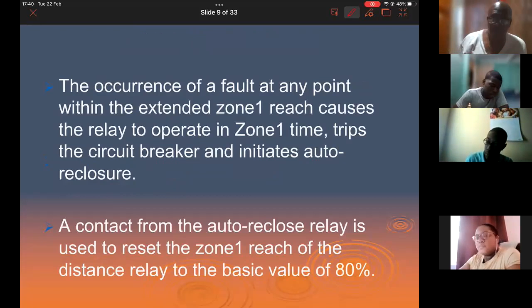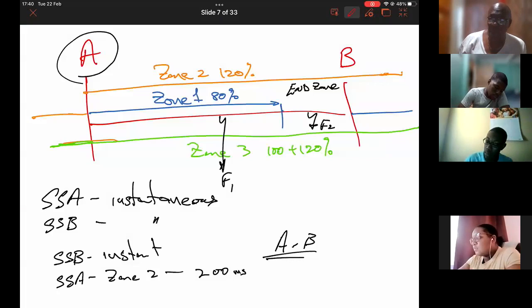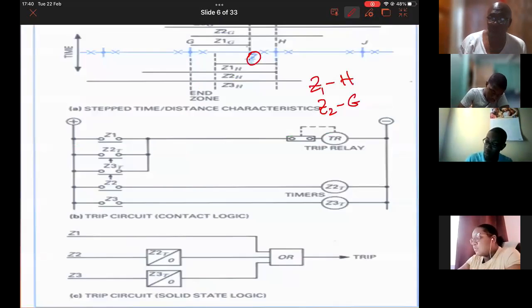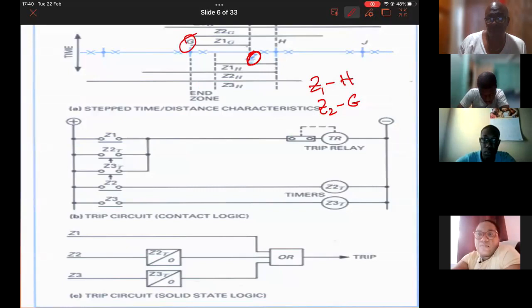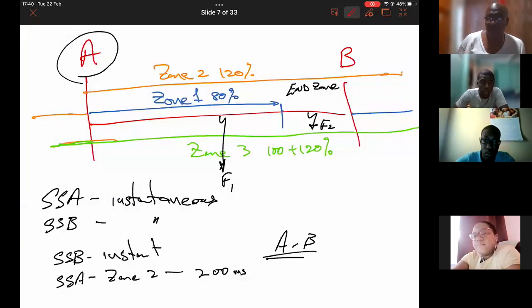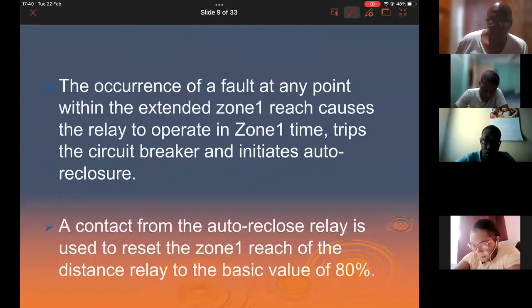So if you go back to what we were trying to solve with this end zone fault, if we had the zone 1 extension, then G would operate in zone 1 time, although the fault is in zone 2. And that's where the extension comes in. All right, that's why we call it zone 1 extension. So both ends would then operate in zone 1 time.